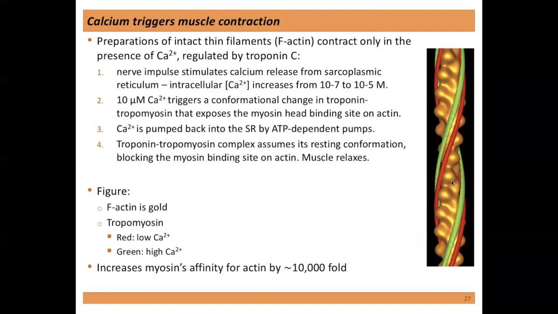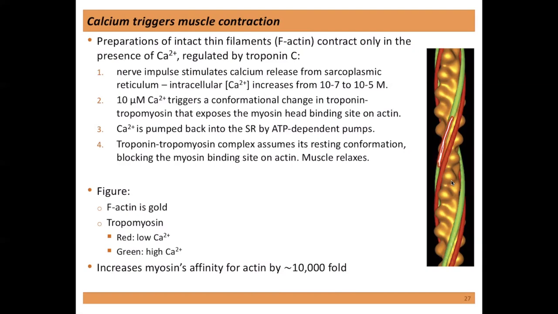We can see that over here: in gold is the F-actin, our polymer. Tropomyosin in low calcium is red, and that's going to be blocking binding sites for the myosin head group. When you add calcium, you're going to see a shift here.